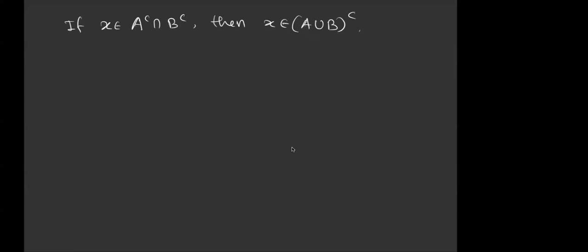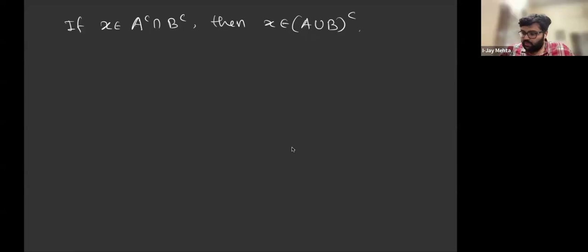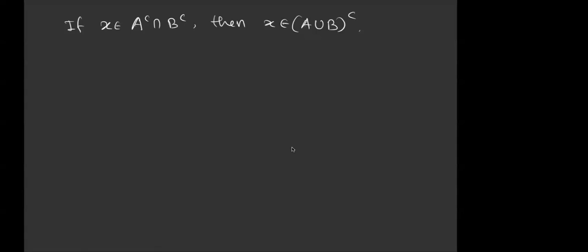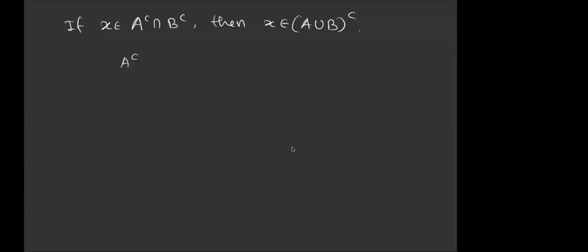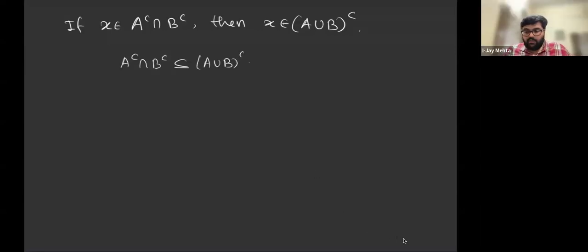What does it prove? It proves that X belongs to A union B's complement. No, as a subset, what does it prove? A complement intersection B complement is a subset of A union B complement. Okay, clearing the feedback now. Is it clear to all of you?